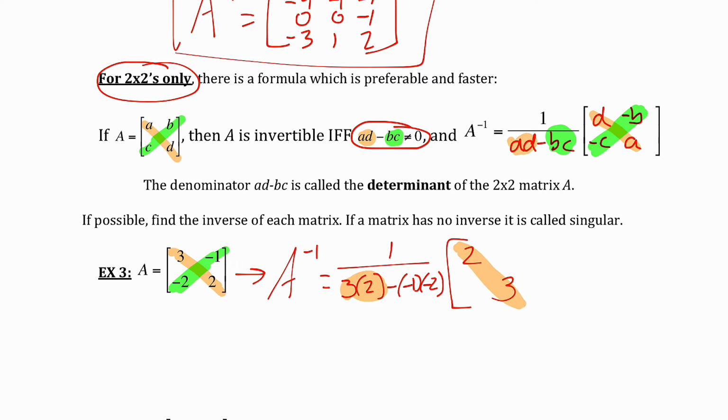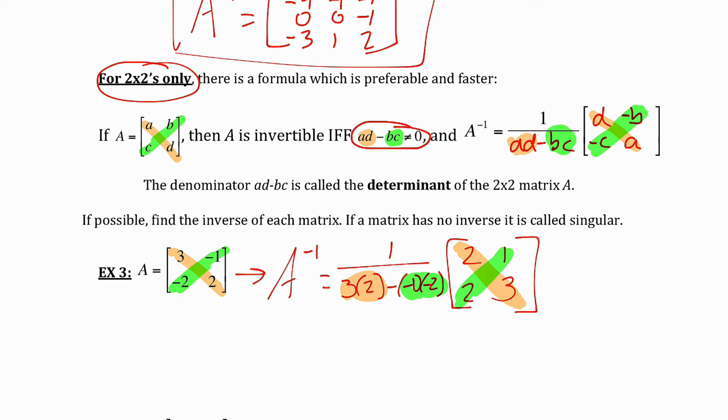So B used to be negative 1, now it's going to be positive 1. C used to be negative 2, now it's going to be positive 2. And again, just highlighting where that came from. You don't have to draw these highlights and whatnot. I just do it the first couple times just so you know where it's coming from. But we swap the signs of B and C.